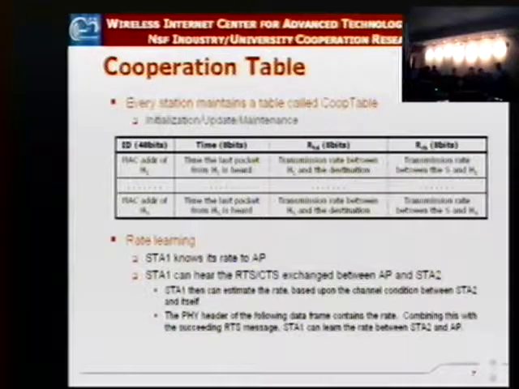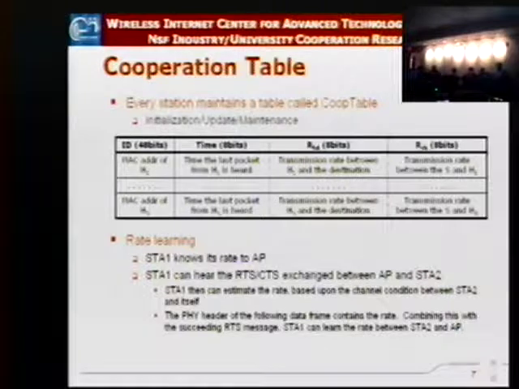So how can the station, let's say station 1 in our case, learn the rates for these two hops? Actually, we have three rates that the station must know. First, the direct rate from itself to the destination, which is known. And second, the rate from the station to the helper and from the helper to the receiver.